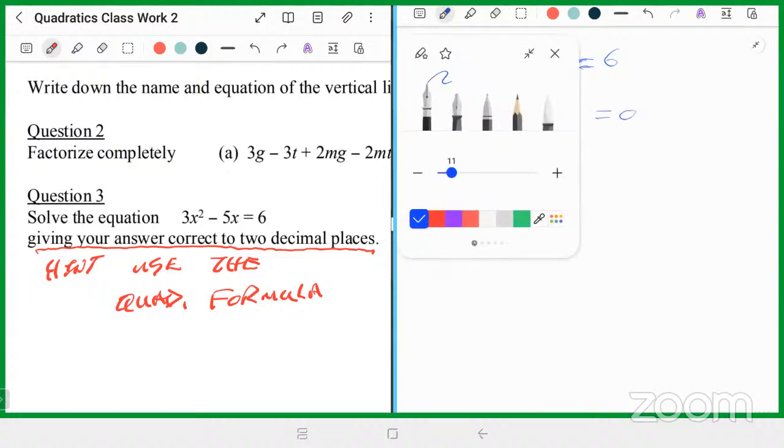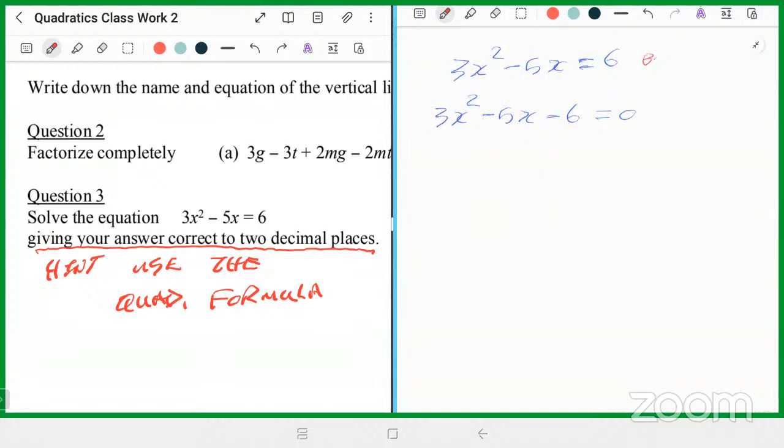So this up here is what we call the basic form of the quadratic equation, and this is what we call the standard form.